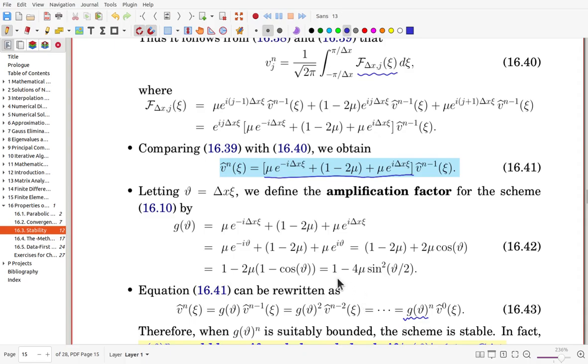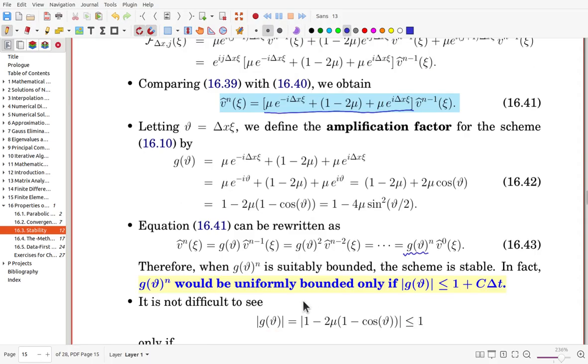It's independent of delta t, so we have to find a condition such that G(theta) is bounded by 1 in modulus. Here it is bounded by 1 plus C delta t, but independent of delta t, so eventually we have to show this part.